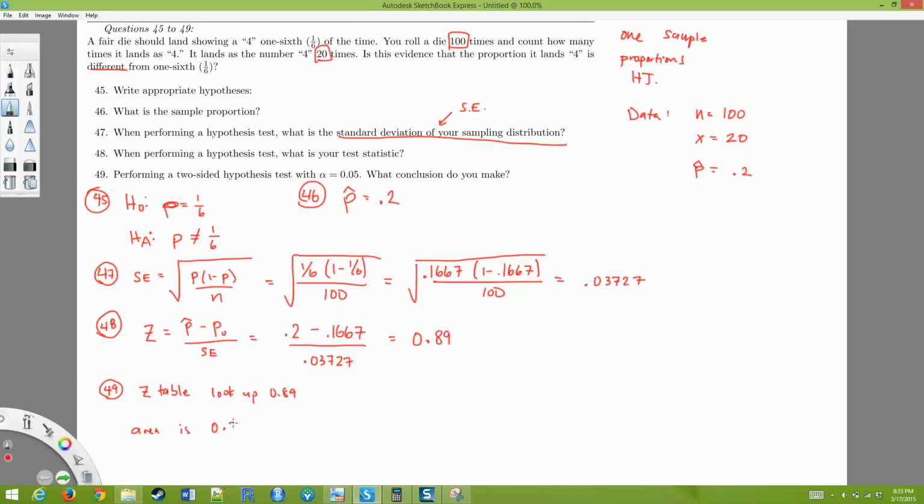Area is 0.8133. But my tail area is not 0.8133. The tail is 1 minus 0.8133, and we know that 0.8133 is not the tail because it's over 0.5. So my tail area is 0.1867.